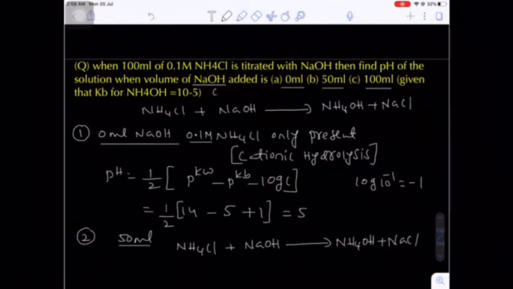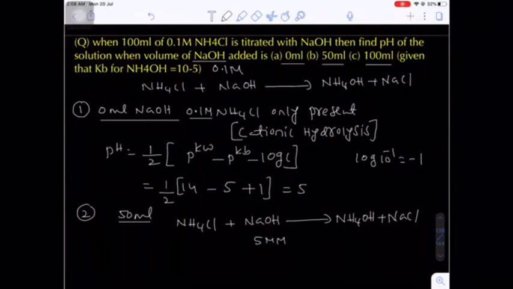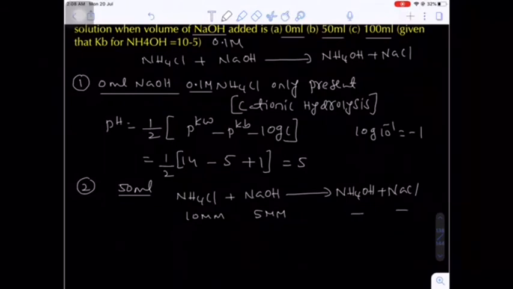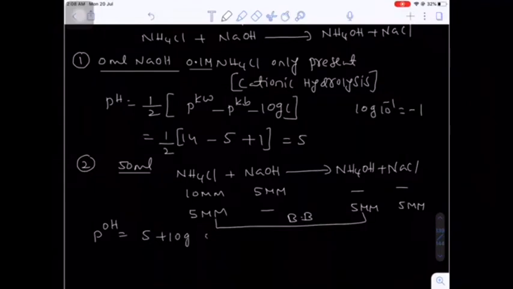Here the concentration of NaOH must be given, so I am taking 0.1 molar NaOH. Now 0.1 molar, 50 ml means how many millimoles of NaOH are we adding? 5 millimoles. How many millimoles of NH4Cl are present? 100 into 0.1, 10 millimoles. The NaOH will be the limiting reagent. So you have 5 millimoles of ammonium hydroxide, and in the solution you also have 5 millimoles of ammonium chloride. That means you have a mixture of which buffer?